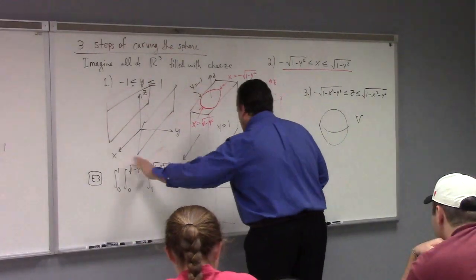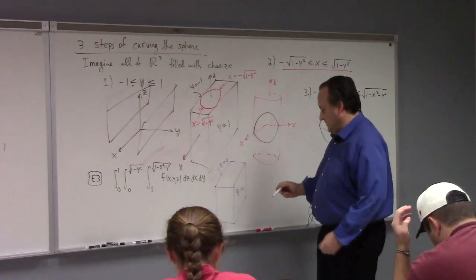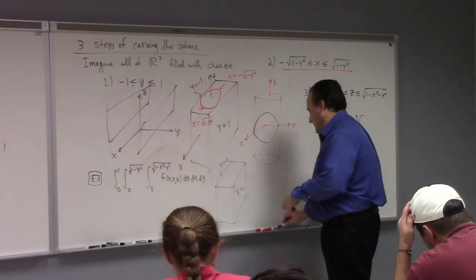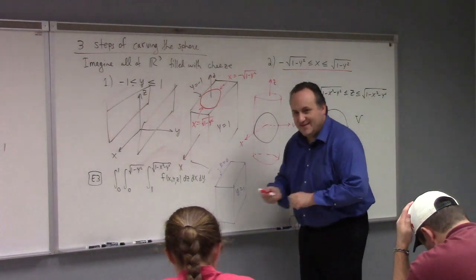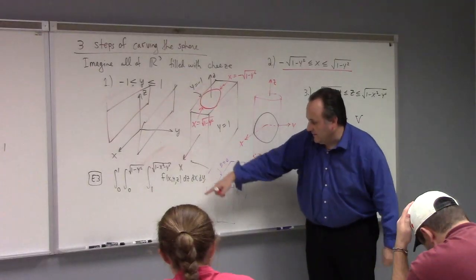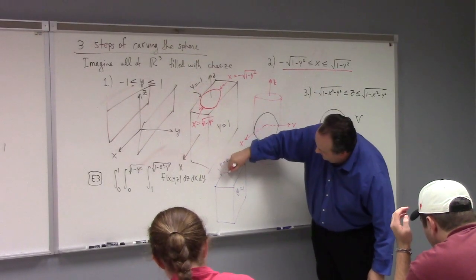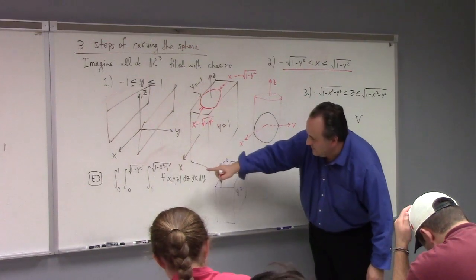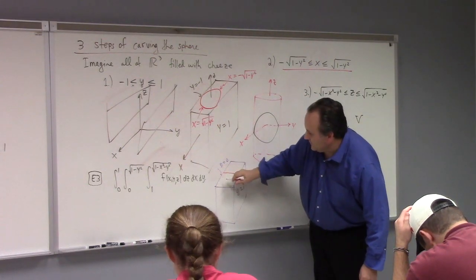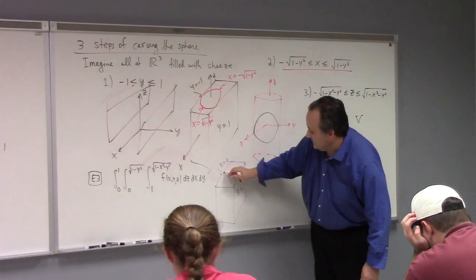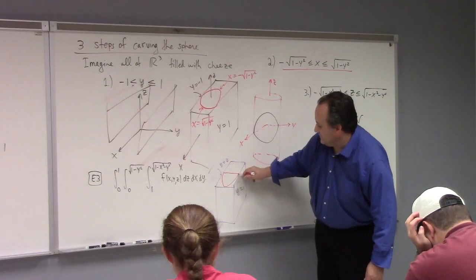And then what's my next cut? My next cut is x starts at 0, right? And it goes out to what? X equals the square root of 1 minus y squared. You see, that's this half cylinder, actually.